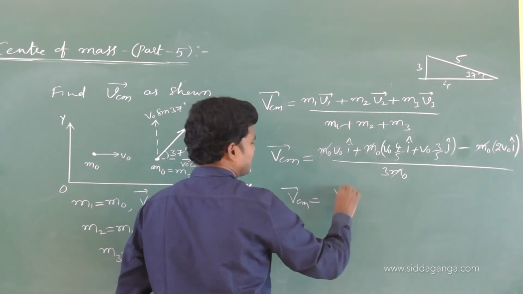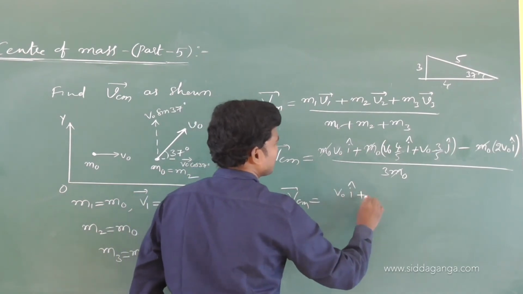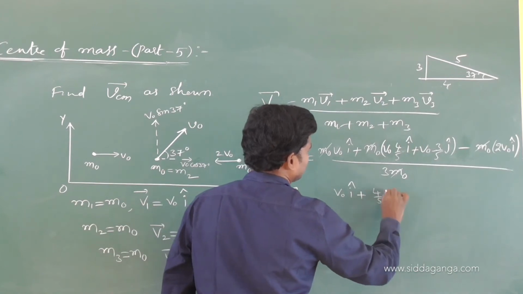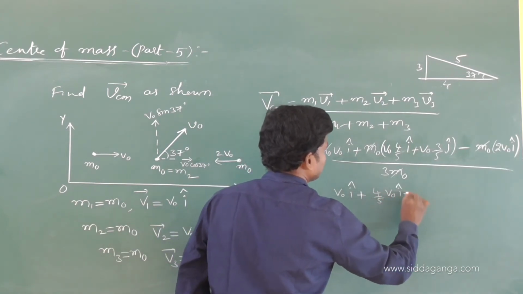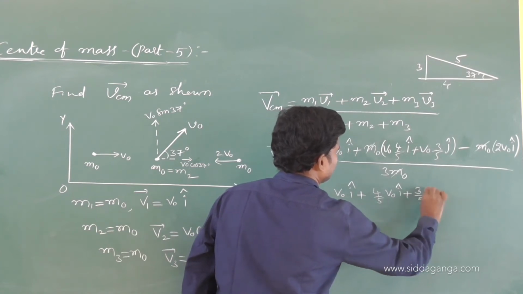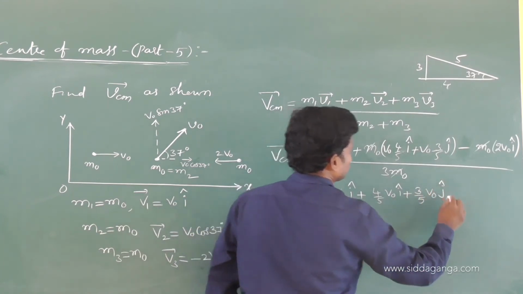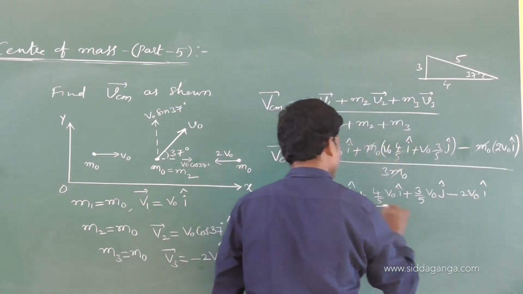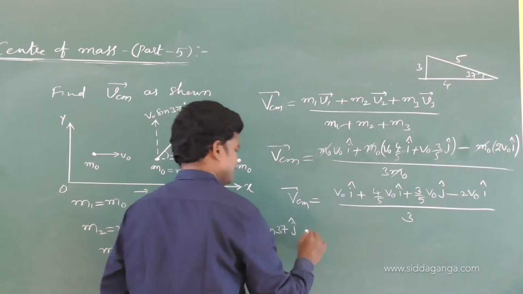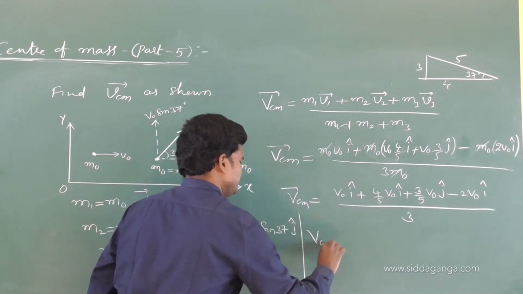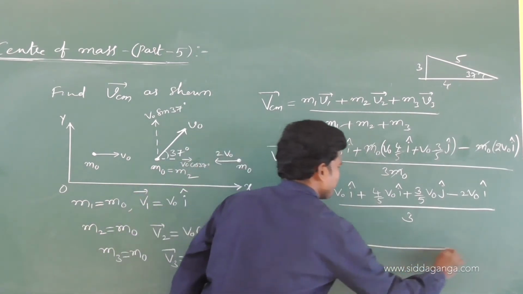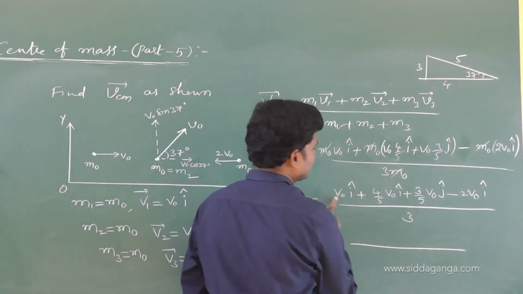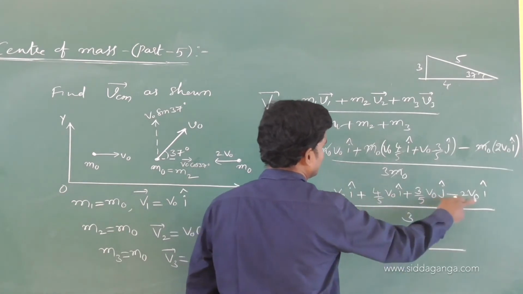V naught i cap, plus 4 by 5 V naught i cap, plus 3 by 5 V naught j cap, minus 2 V naught i cap, all by 3. So Vcm bar is V naught i cap, 4 by 5 V naught i cap, 2 V naught i cap.